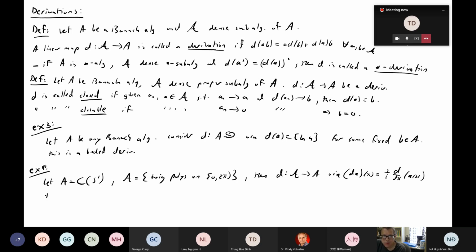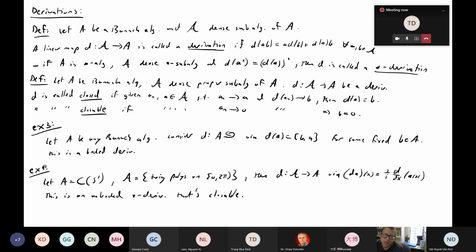This is an example of an unbounded star derivation that's closable. It's a triviality to see that this is a derivation, because it's differentiation, which we know satisfies the Leibniz rule.